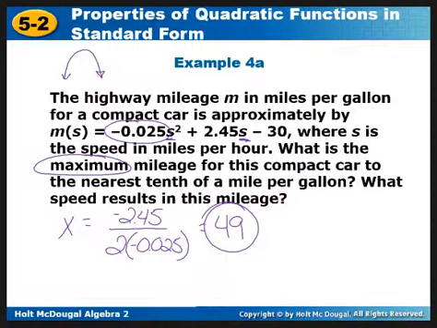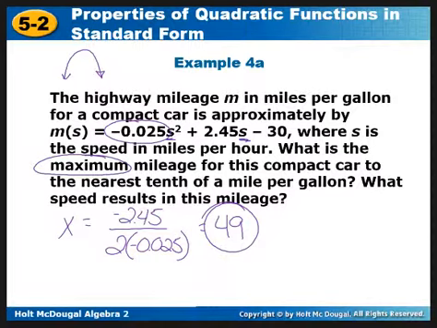And then I'm going to take 2.45 times the 49. So I'm taking that negative 60.025 and adding it to 120.05, which I just got. So I end up with 60.025, and then I subtract that 30 at the end, and I get 30.025.